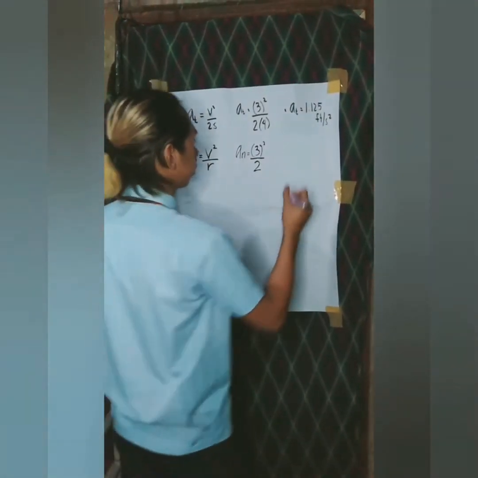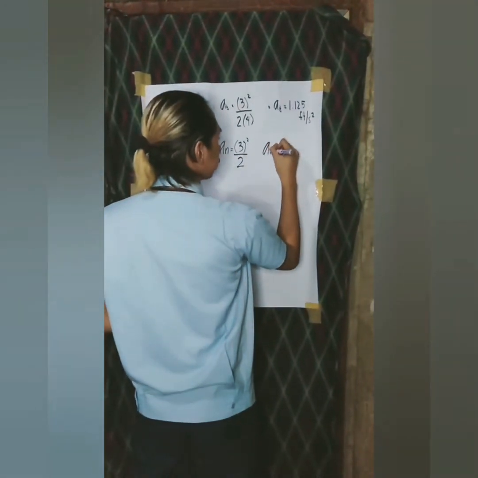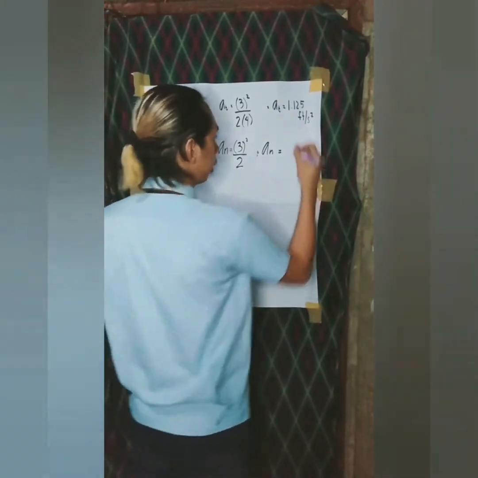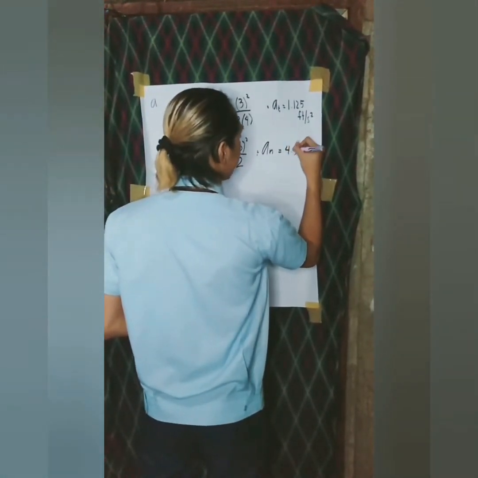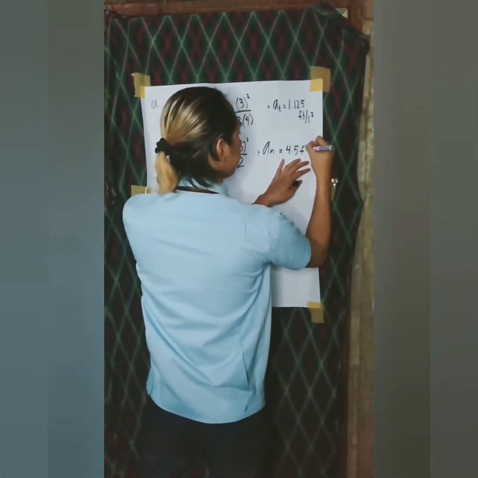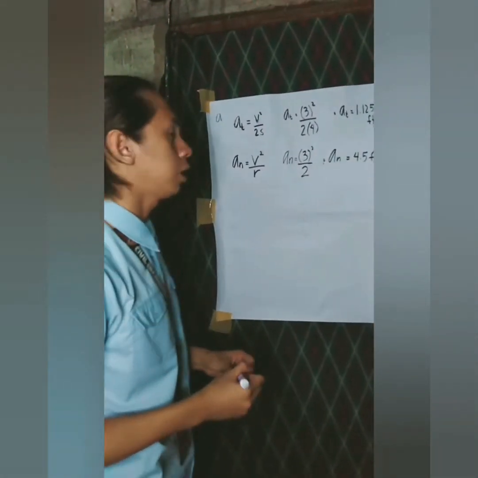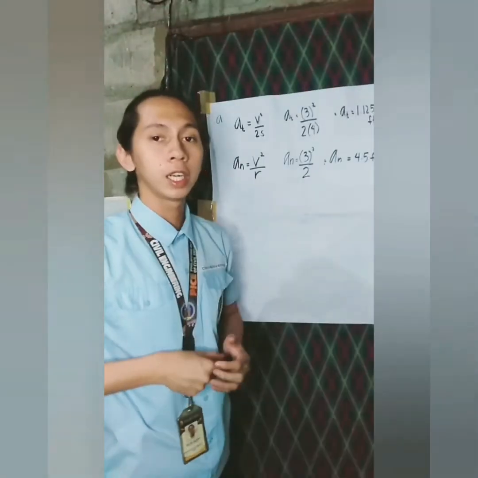So the normal acceleration is equal to 4.5 feet per second squared.